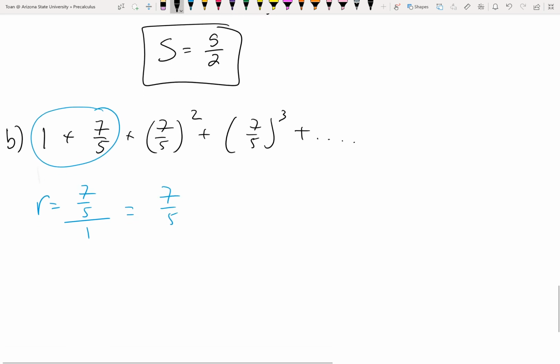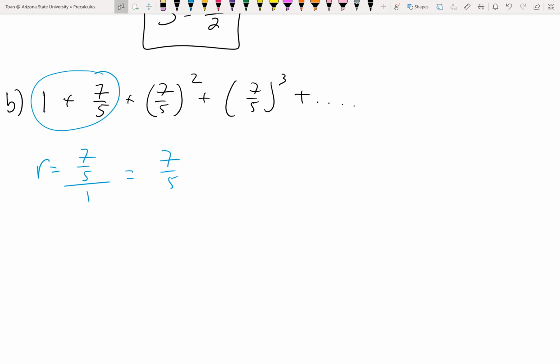Now this is a problem because 7/5 is 1.2, right? Yeah, 1.2. Or no, 1.4, excuse me, which is bigger than 1. Since the absolute value of r, which equals 7/5, is bigger than 1, the series diverges.